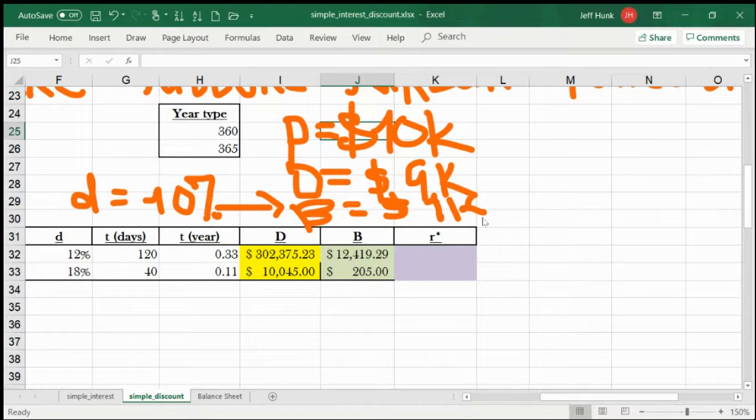So they took $1,000 interest out of 10,000. So is the interest rate 10%? Hmm? Actually, 10% is the discount rate, isn't that right? But from your perspective, you paid 1,000 interest for borrowing $9,000, isn't that right?